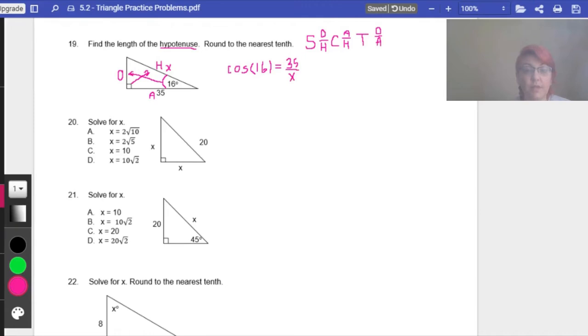Now, what I'm going to do is actually put this over 1 and cross multiply. So cos(16) times X equals 1 times 35, which is 35.